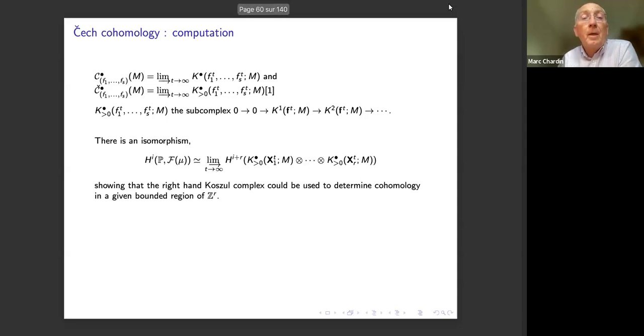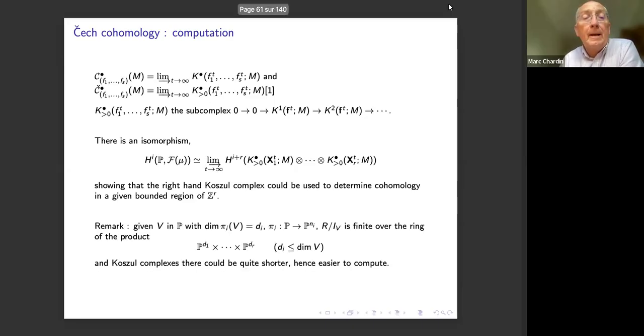Okay, so you get an isomorphism: the sheaf cohomology is the inductive limit of this tensor product of Koszul complexes, and these are not too big. So it shows that these Koszul complexes, which are smaller than the one where you put all the generators of B, could be used to determine the cohomology in some bounded region.